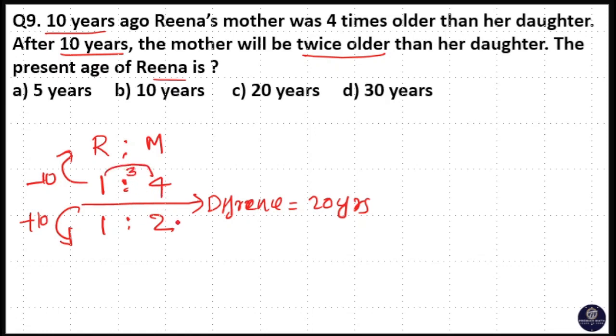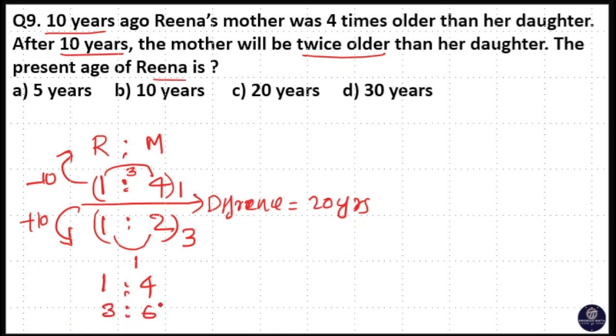Then multiply it with the next ratio. Then take the difference between 1 and 2, that is 1. Then multiply it with 1 and 4. Then your new ratio will be 1 is to 4 and 3 is to 6. This is your new ratio.